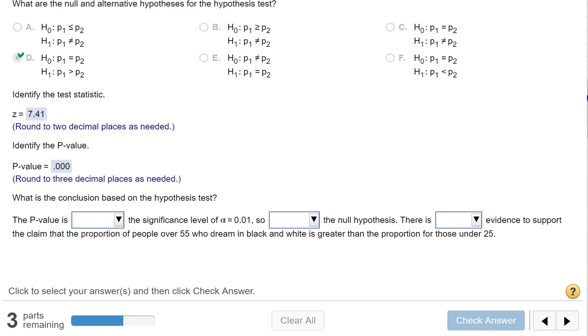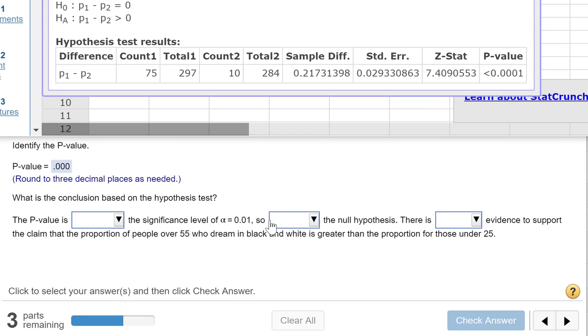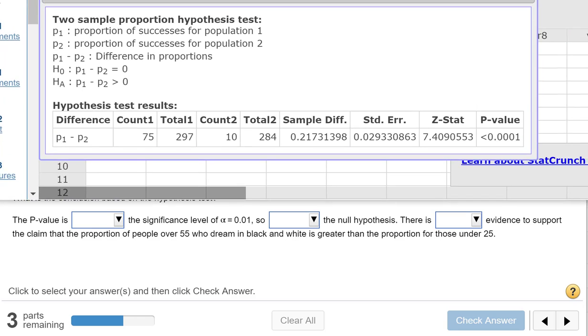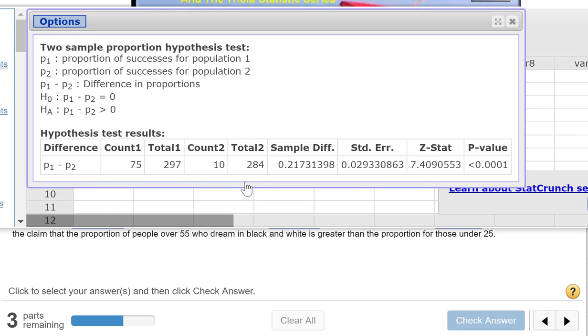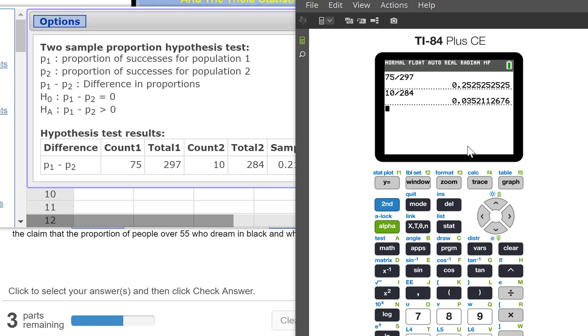What is the conclusion based on this hypothesis test? I always like to look back at the printout. Again, we don't want to lose sight of what we're comparing.